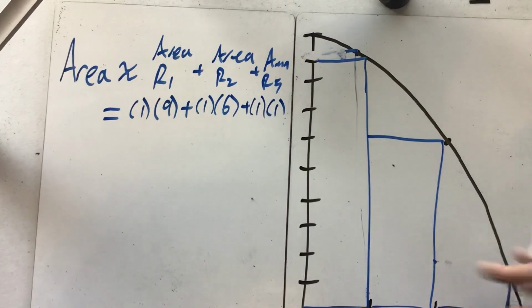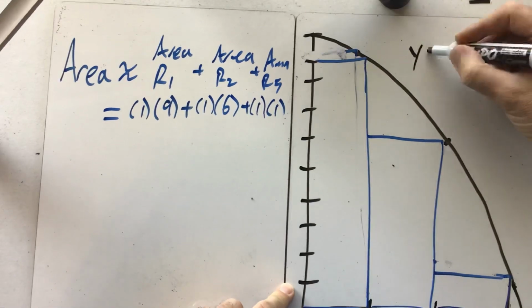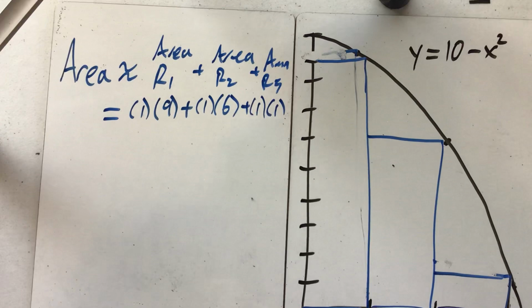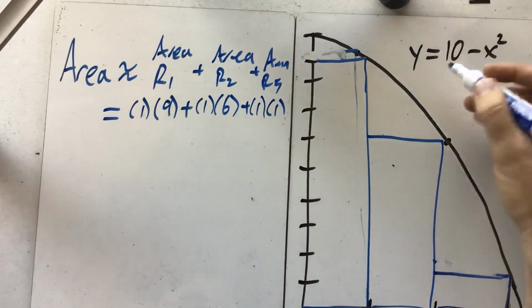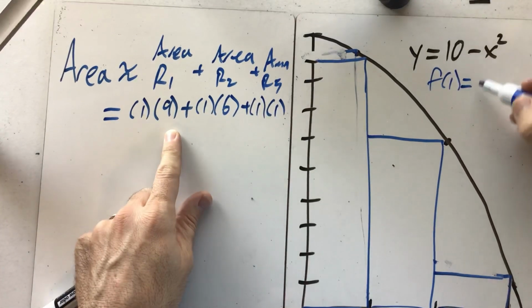So how could I figure out those heights if I couldn't just tell by looking at the graph? Well, the equation is y equals 10 minus x squared. So I could put 1 in this equation, f of 1, and get 9.